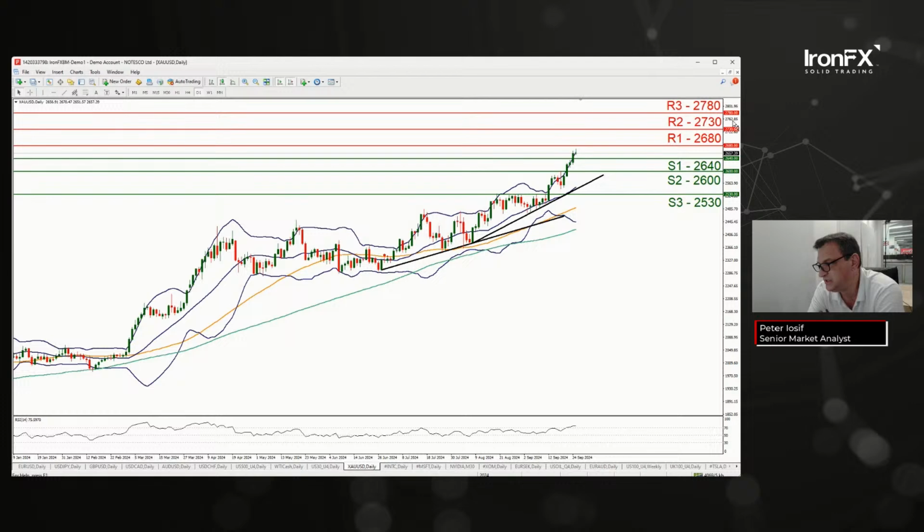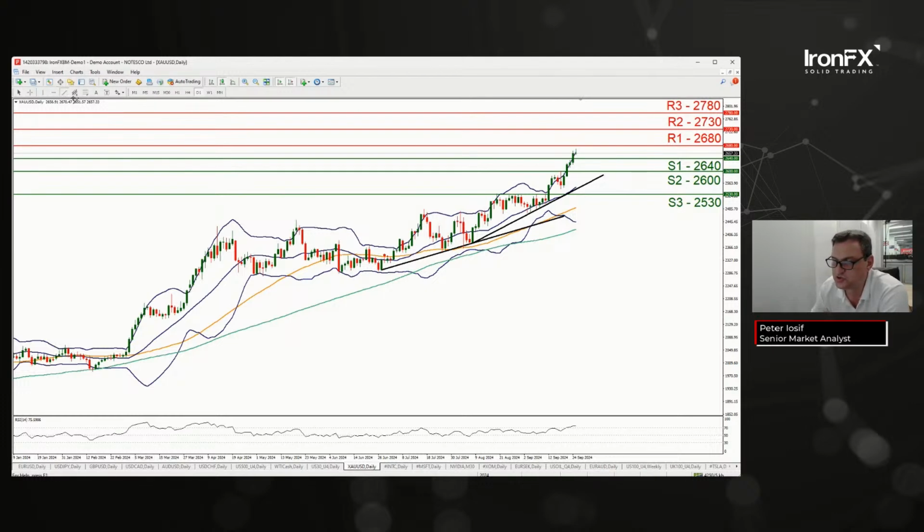Should we see the precious metal correcting lower yet respecting the upward trend line, we would be signaling that the bullish outlook is still there. And it's interesting to note that the upward motion of the precious metal's price has intensified further.